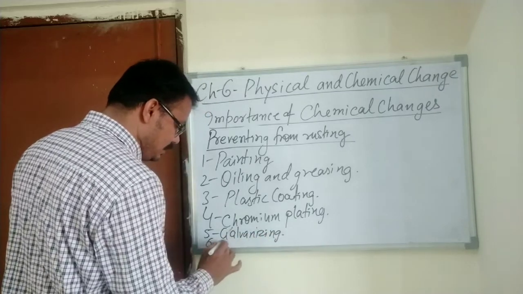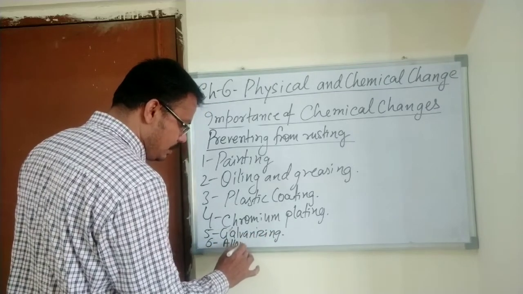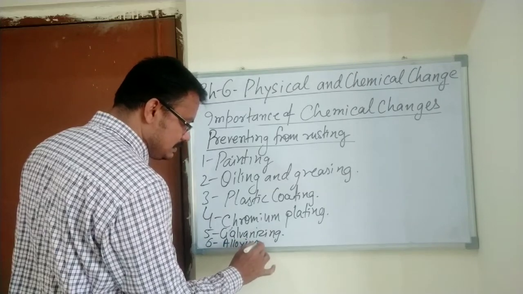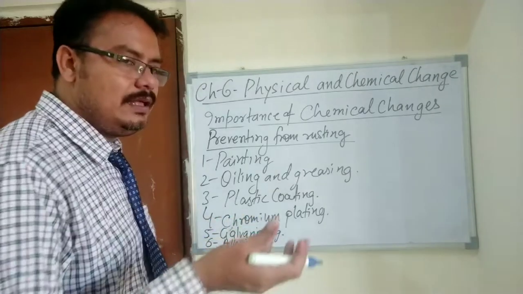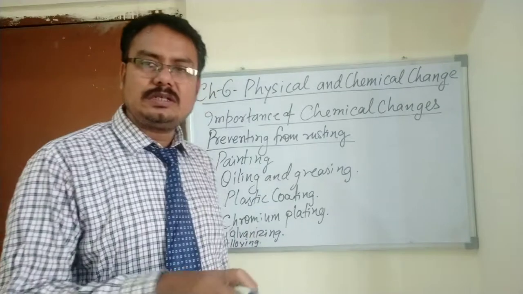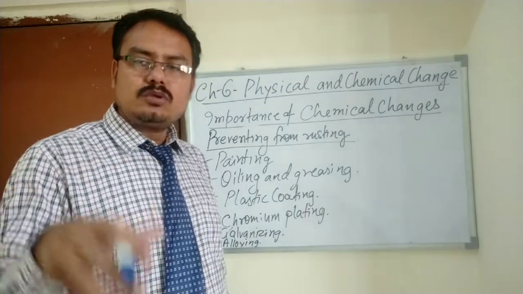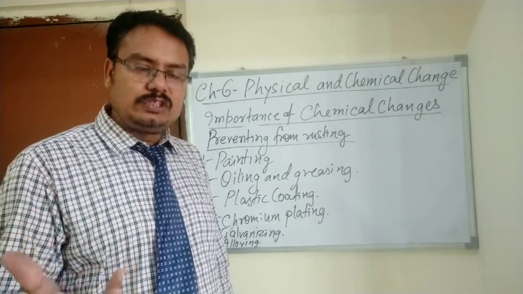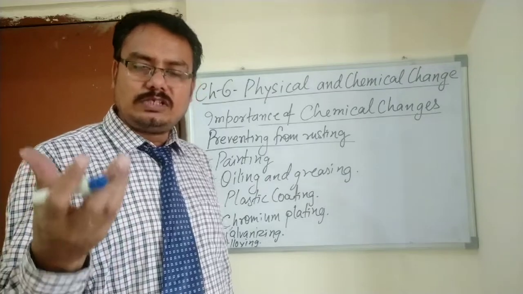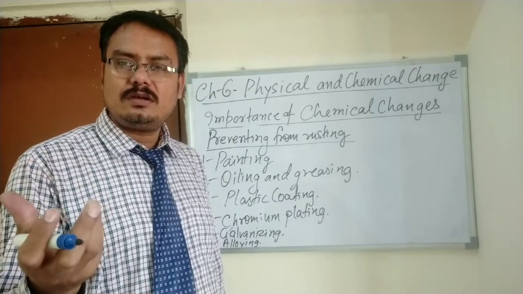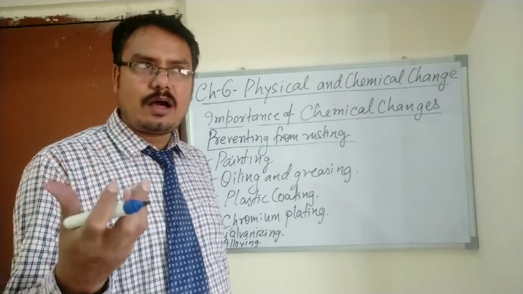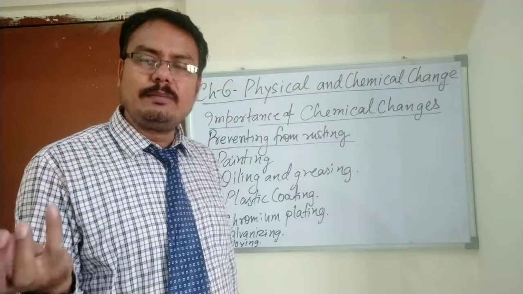Galvanizing and alloy. It is done from the very beginning by melting the iron object and melting one more such metal which has the property of not getting rust. There is no effect of moisture on that material.